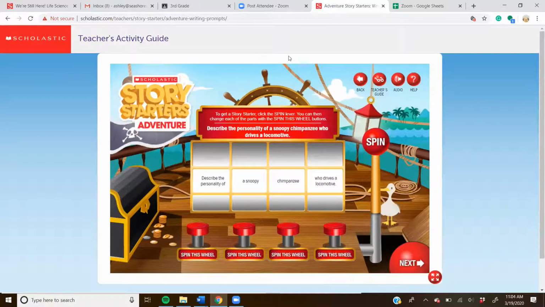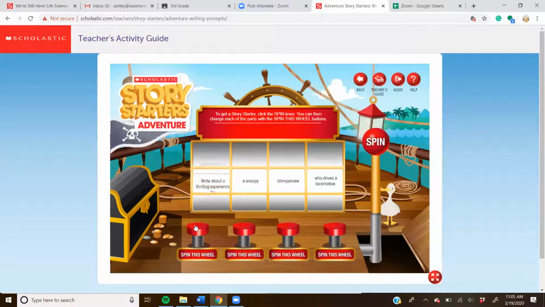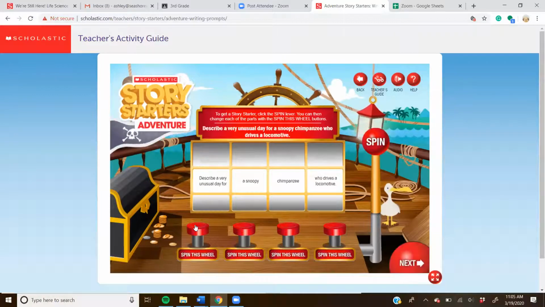So typing into either writing on your paper or typing in, we're gonna describe, well, this is kind of, let's see, maybe we can make it a little bit more exciting. Oh, so this is interesting.